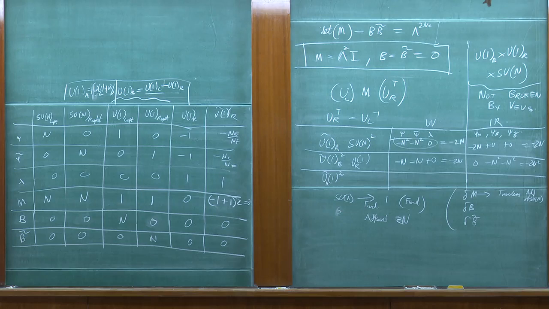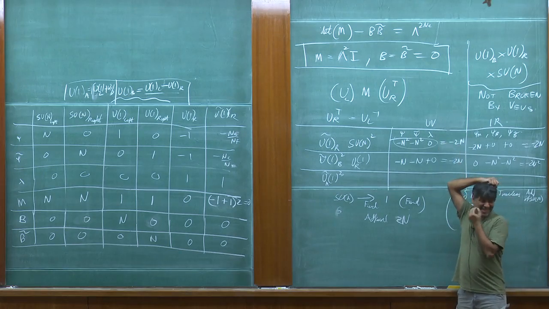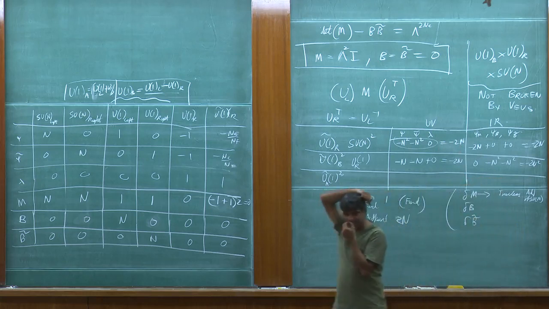Now, how many psi fields were there? There was psi, I, A. A was a color index, I was a flavor index. As far as the global symmetry indices go, you don't care. The total number you will get is n squared. In the previous case, we didn't have that.